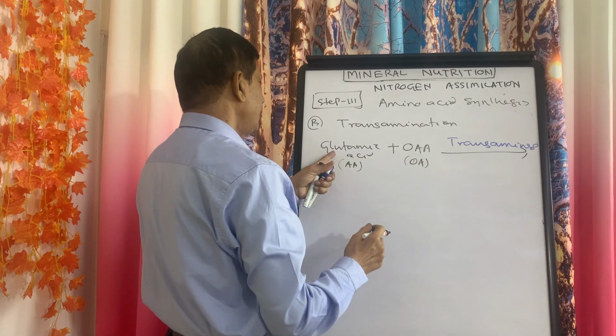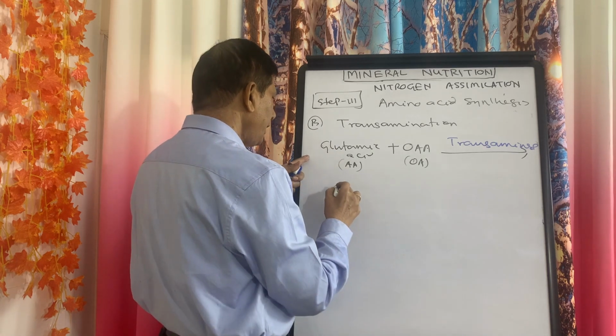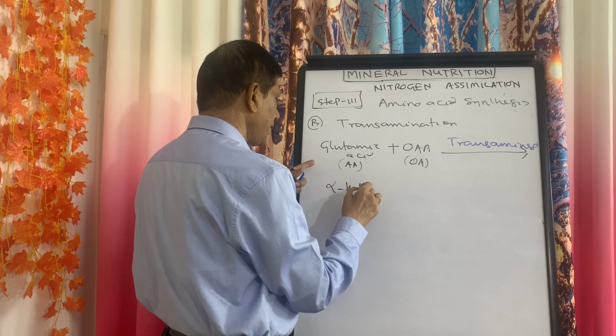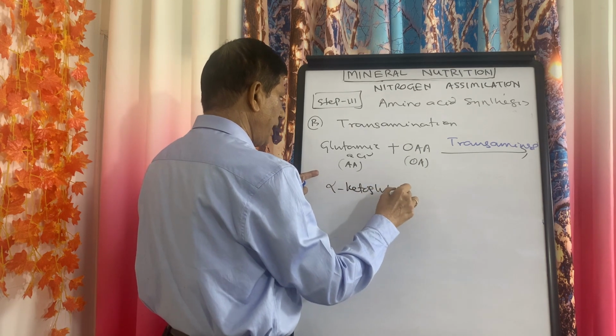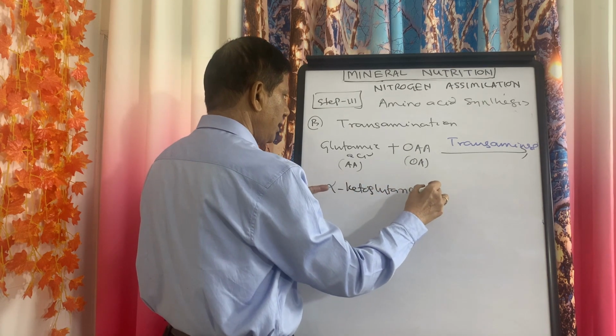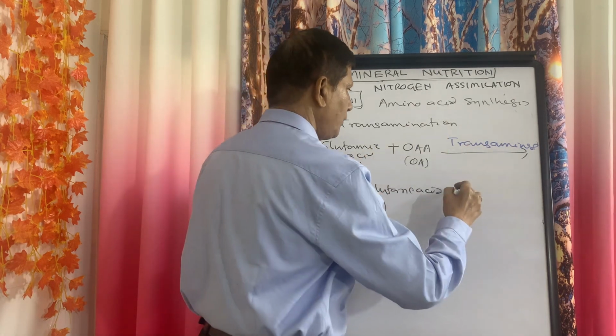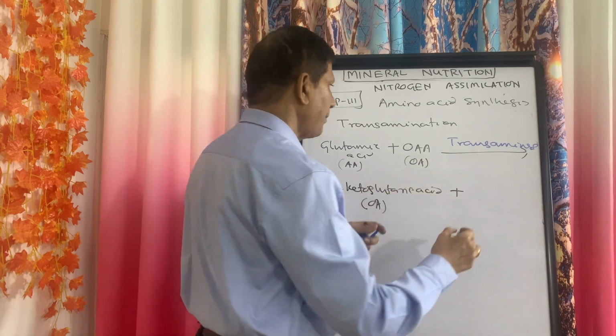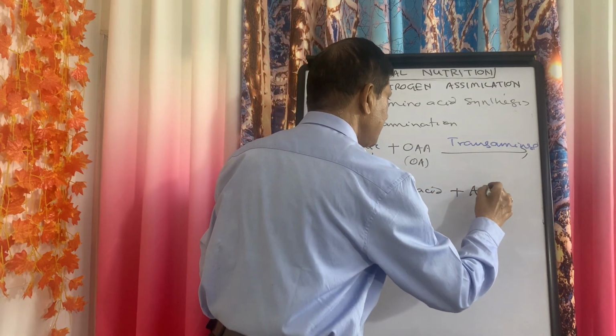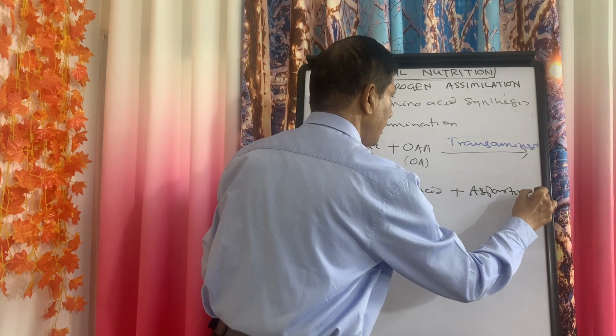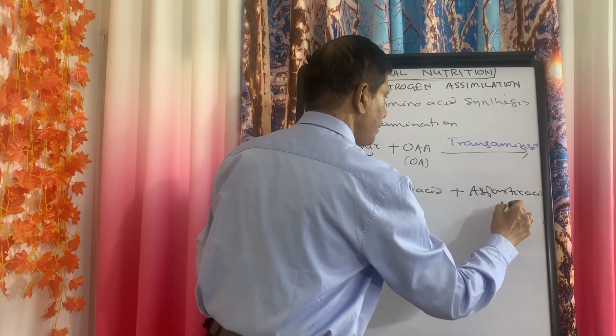That means now this glutamic acid will be alpha ketoglutaric acid. That means this is now organic acid. This will be converted to the corresponding amino acid. This is aspartic acid. This is now amino acid.